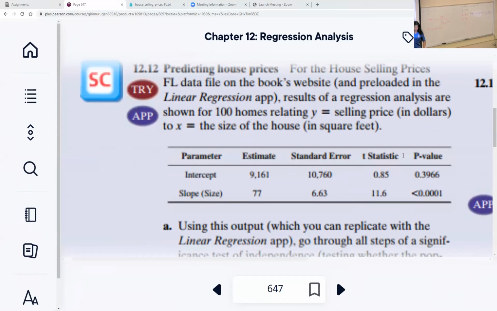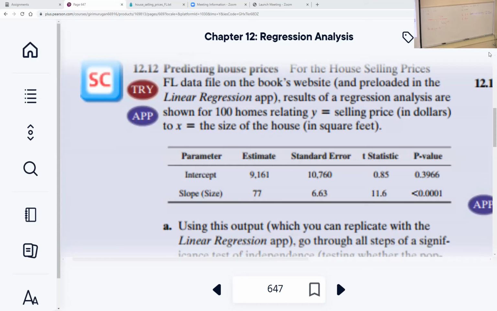The slope that's here is 77. Does it match? The standard error is 6.63. Does that match? Okay. T-score 11.6. Yes. P-value less than 0.0001. Same conclusion.